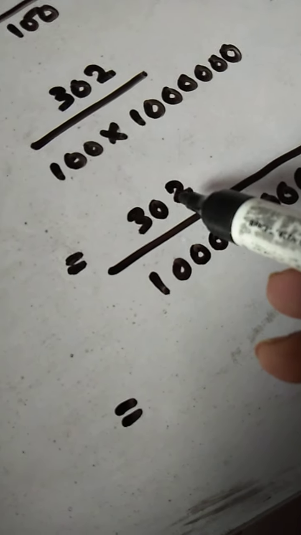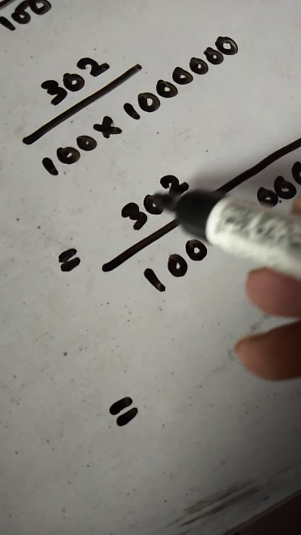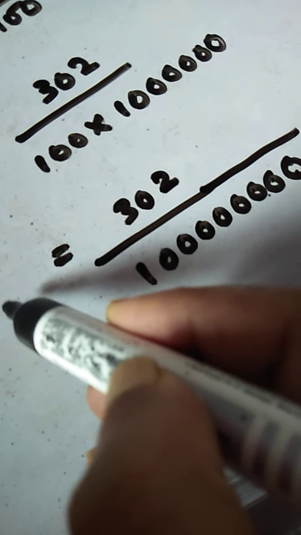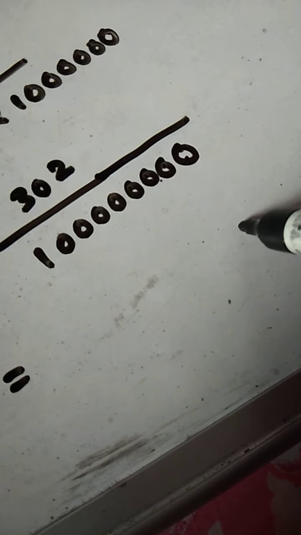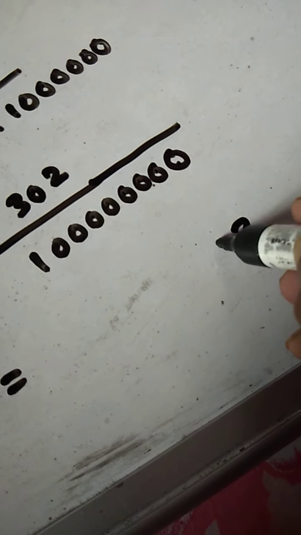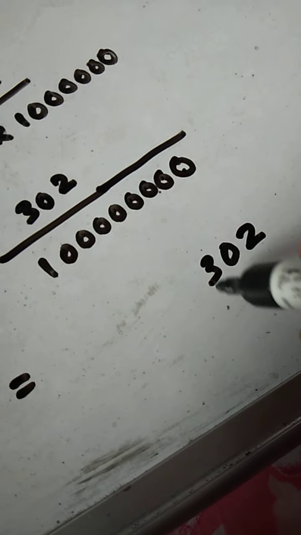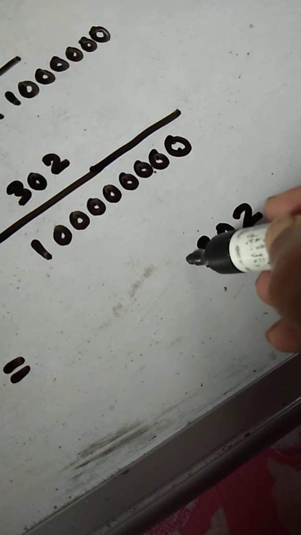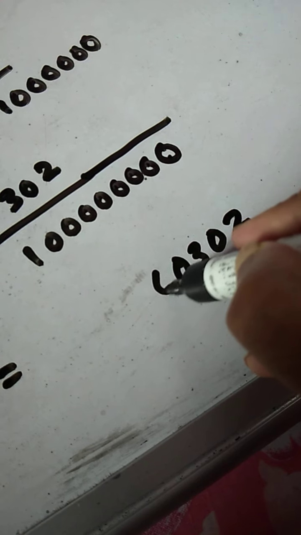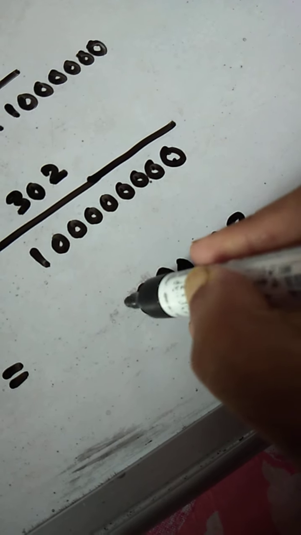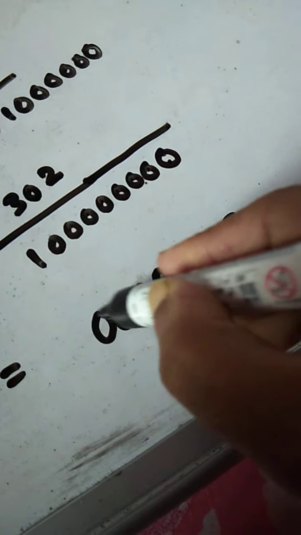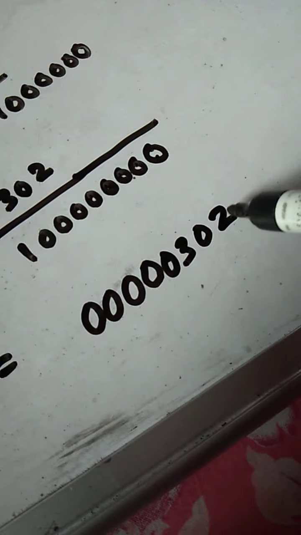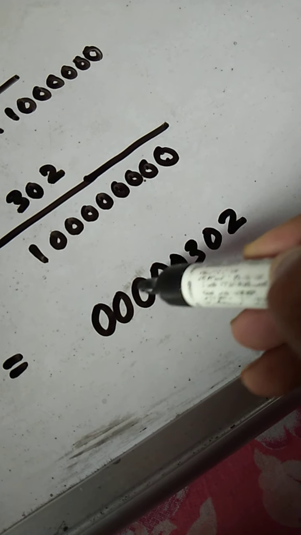Now, how do we convert this into decimal form? After 8 digits I have to put the decimal point, this is the rule of decimals. But only 3 digits are present in the numerator, so the 5 more places we make up with zeros: 1, 2, 3, 4, 5, 6, 7, 8.